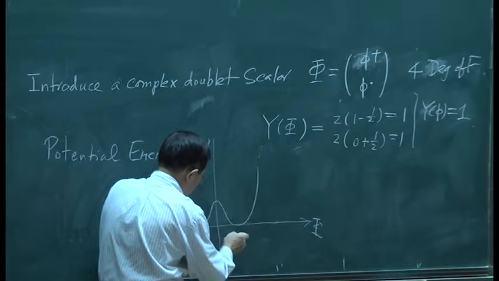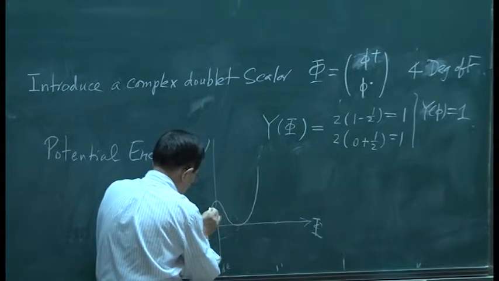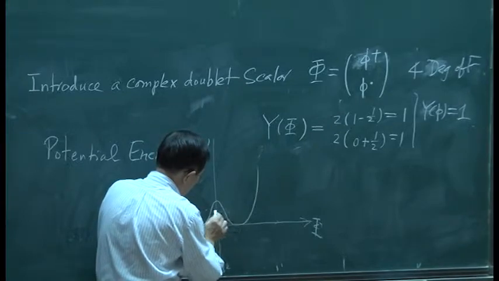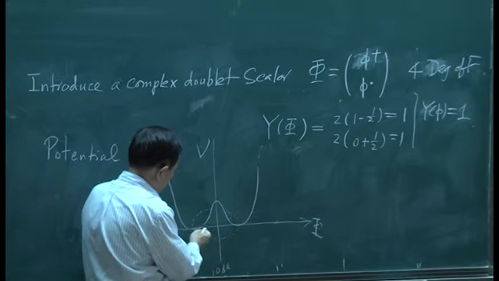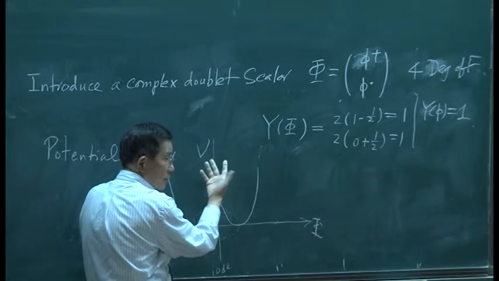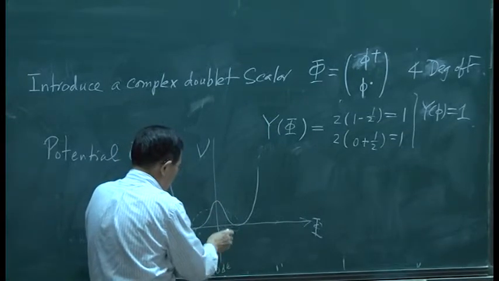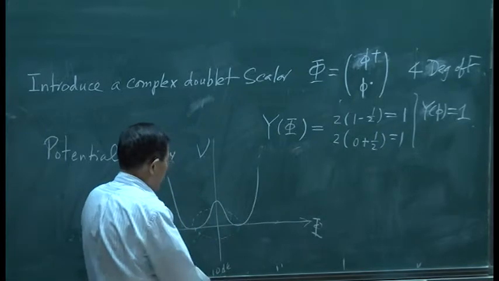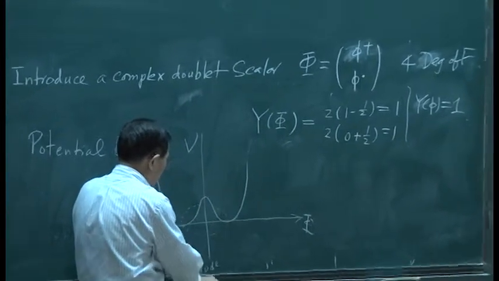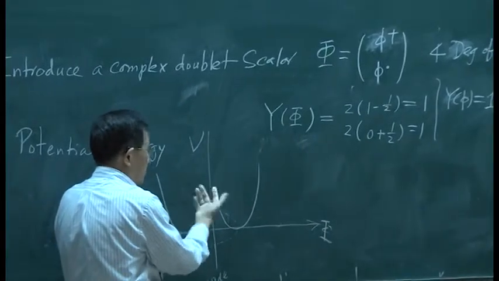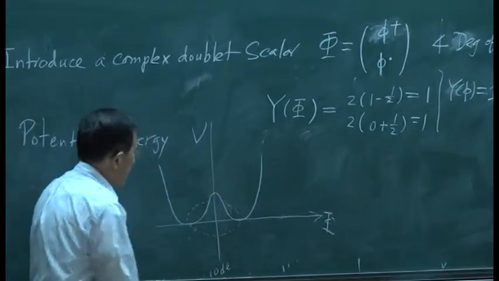This should be a circle like this. I'm not very good at drawing, but you see what I mean, that you have to make a rotation like this. And the idea of spontaneous symmetry breaking is the following. The potential is clearly symmetric with respect to rotation in these directions.